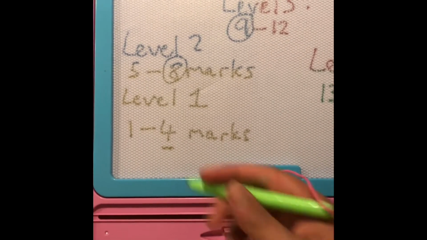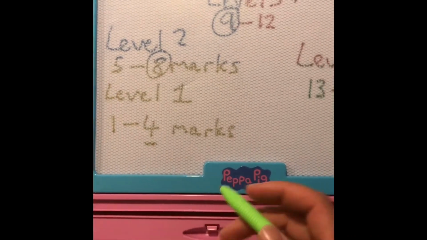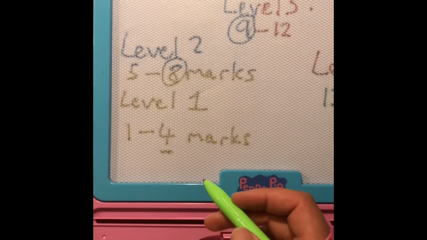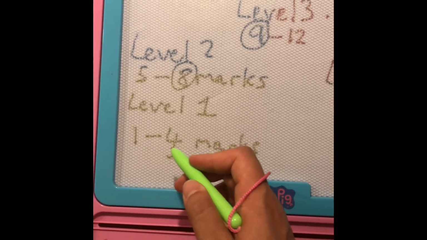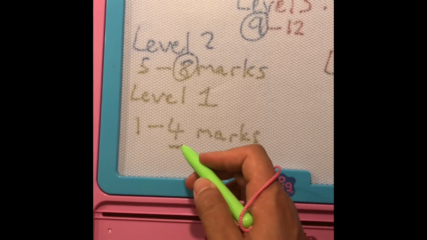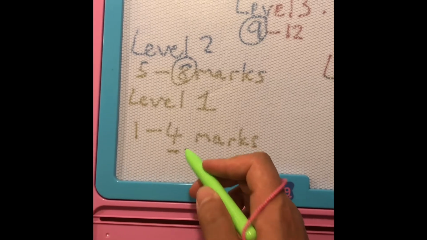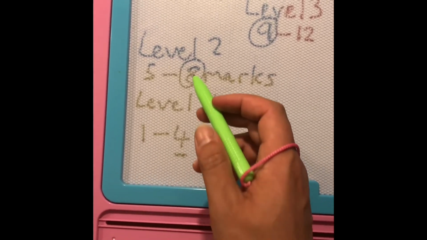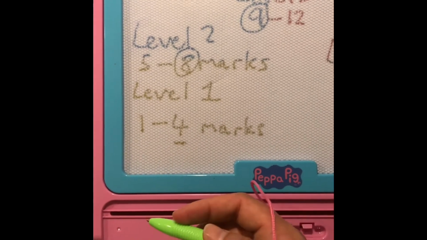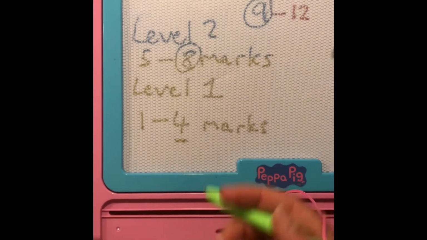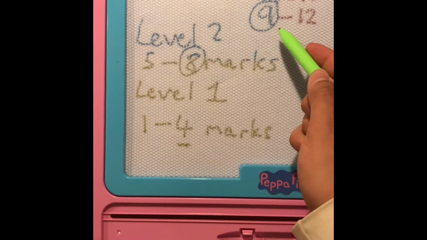But if you're starting there, you might as well move on to go to the level 2. Now, if you've done a really strong paragraph about the role of individual or whatever factor is mentioned in the question, you will get a level 1 4 marks for that paragraph. To get a level 2, you need to do a similar paragraph talking about another factor. To get the level 3, you need a third factor.